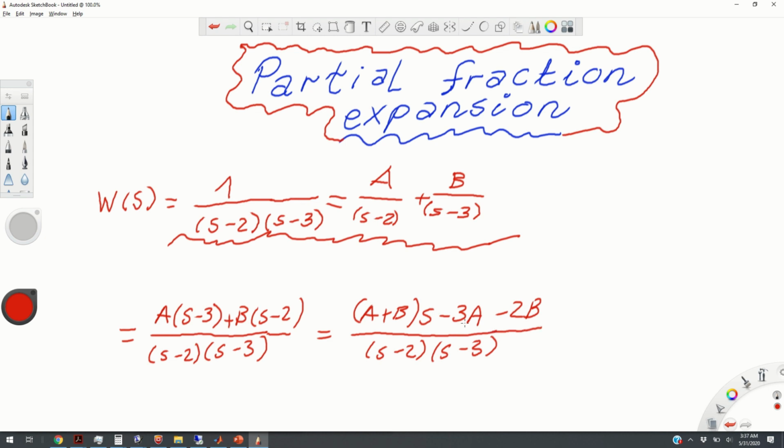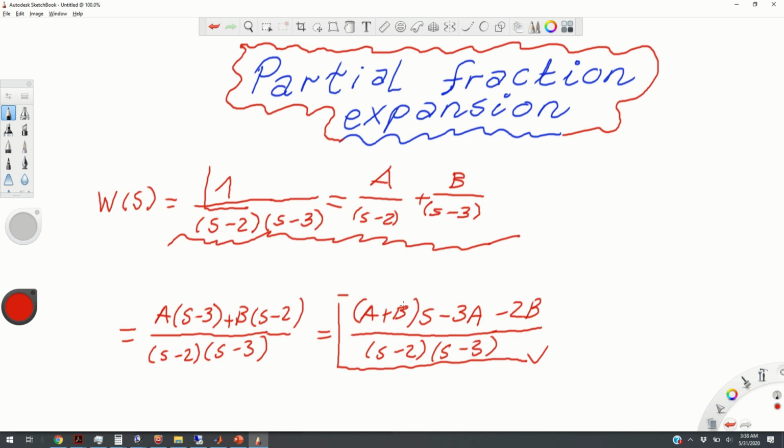Okay, we can check if this is correct. So we have (A plus B) multiplying s, and we have minus 3A minus 2B. So this is fine, this is correct. Now, this expression over here has to be equal to our original expression for W(s), and we have to find unknown constants A and B such that this holds true.